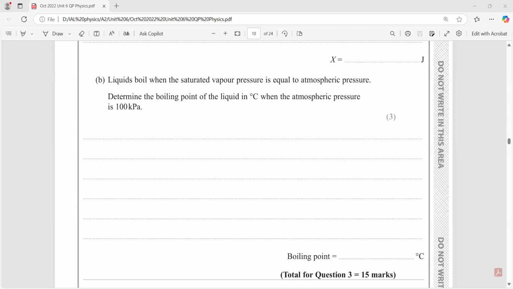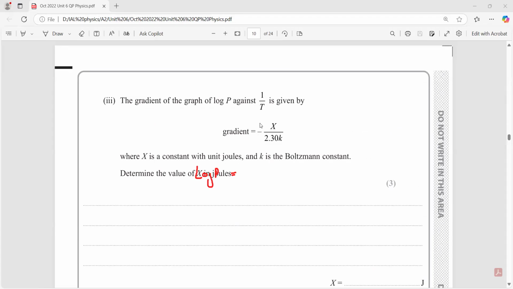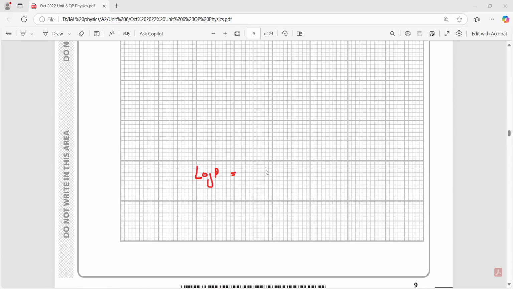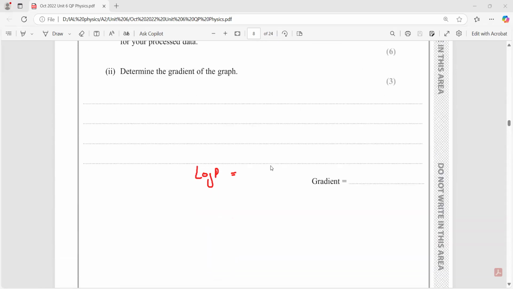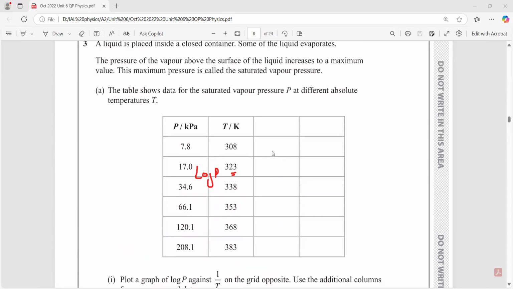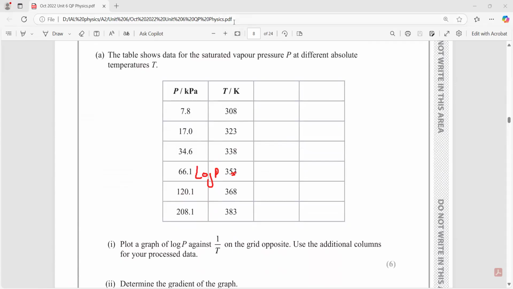So what we have to do, like log P, where P is the pressure, and according to the equation which we have and the graph as we plotted, P is equal to 100,000. 100,000 means somewhere here.